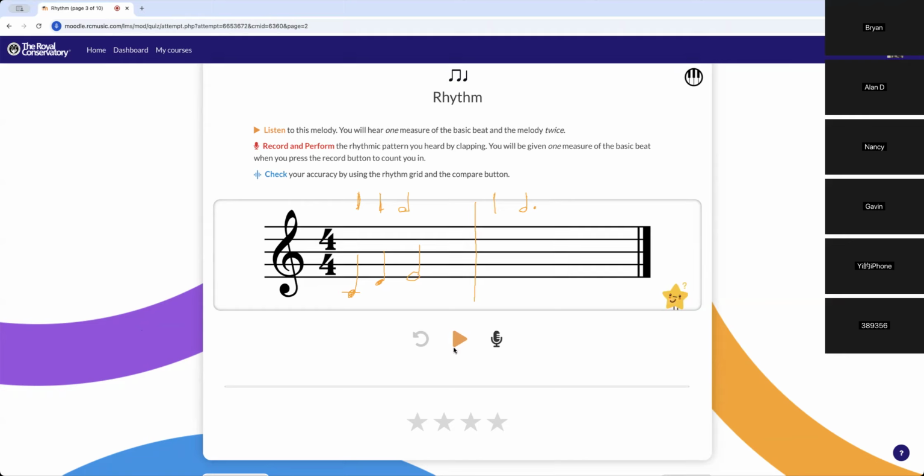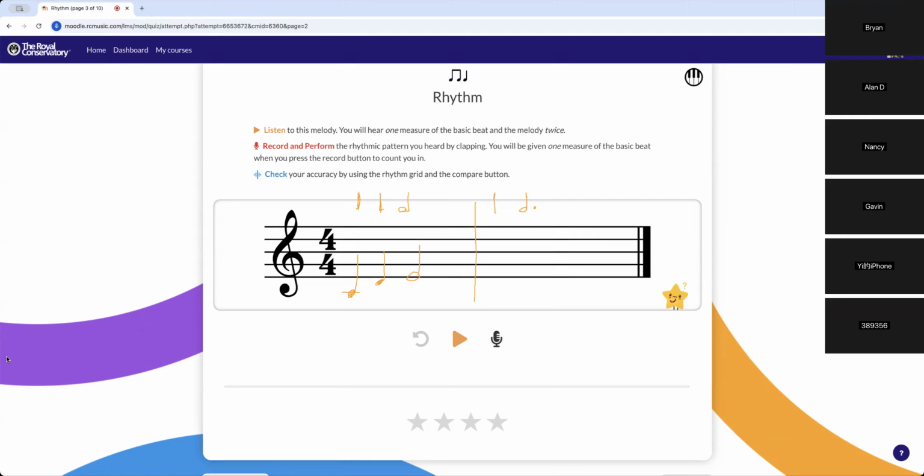Got it? Okay, is the next one lower or higher than this? Brian, the next one should be higher or lower than this one. It sounds the same though.